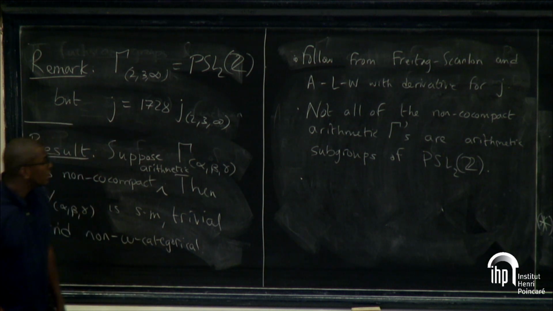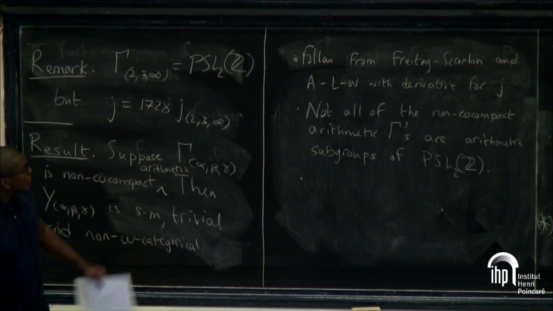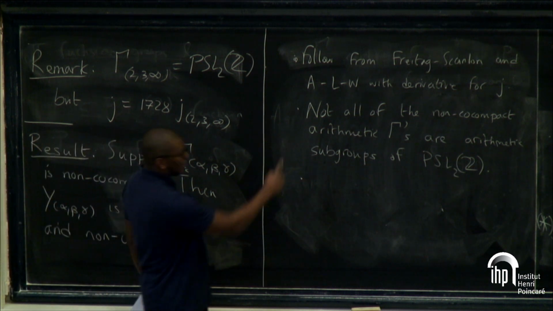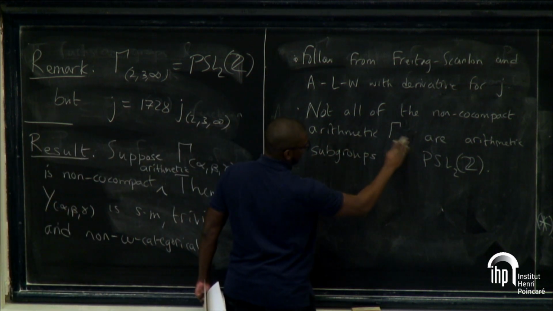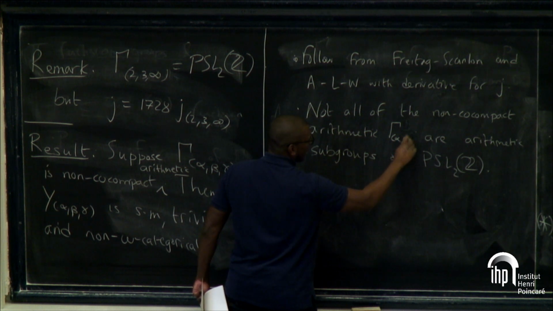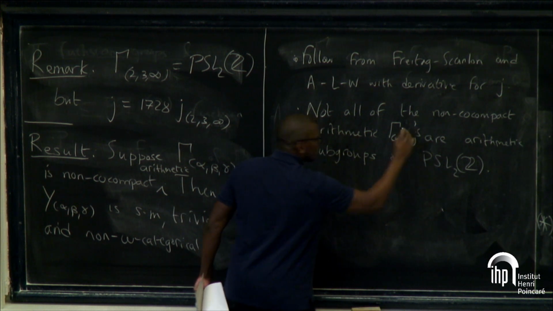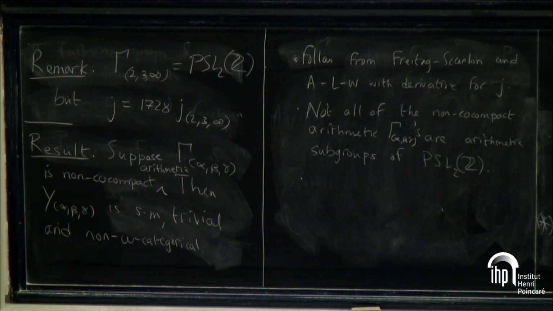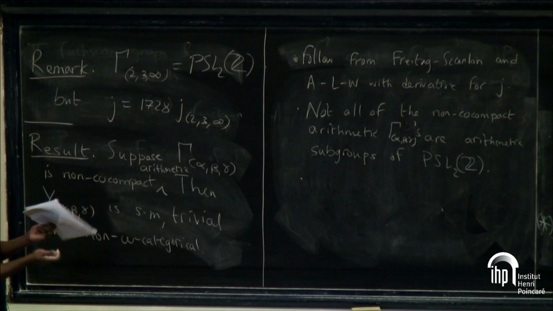And so I do want arithmetic. So let me say that so that we know what we're talking about. I'm talking about arithmetic triangular groups. So not all of them are subgroups of PSL2Z. But one has to simply work out that the J's are indeed still interalgebraic.